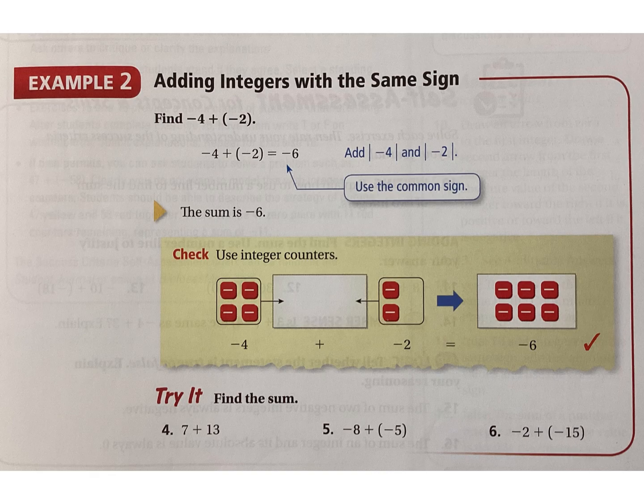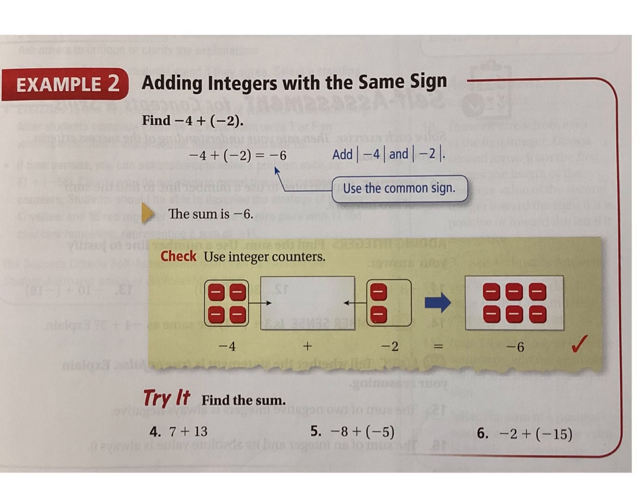Here's another example of adding them with the same sign. So I have a negative 4 here plus a negative 2. So they're both negatives. Once I find the absolute value of each of those, which absolute value of negative 4 is 4, absolute value of negative 2 is 2, I add those together. 4 plus 2 is 6.